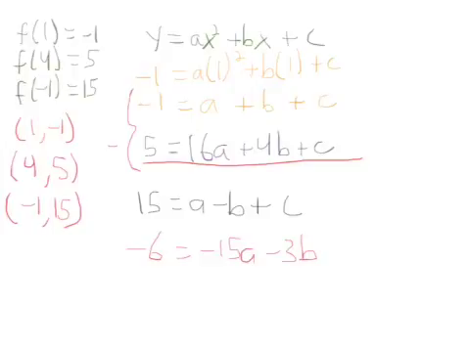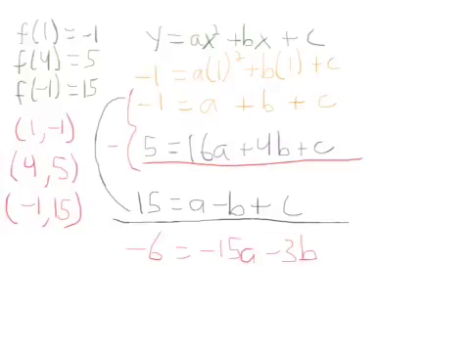If I then take a look at the first and the third equations, and subtract these, the a's and the c's will both cancel, and I'm left with just one variable.